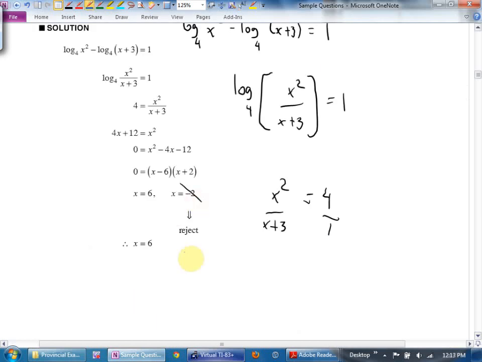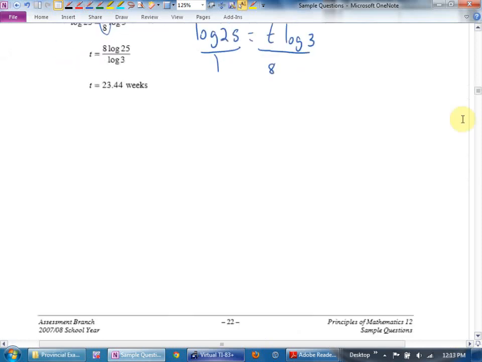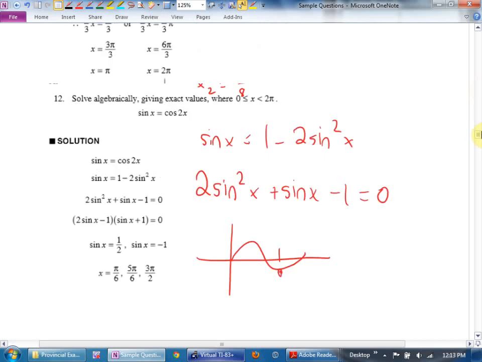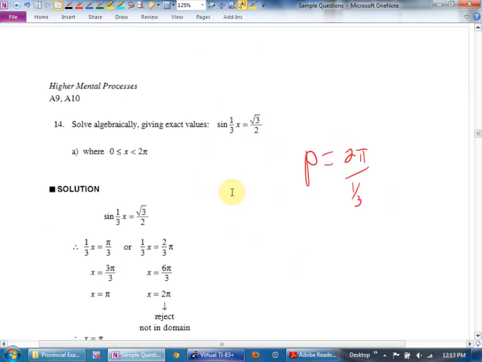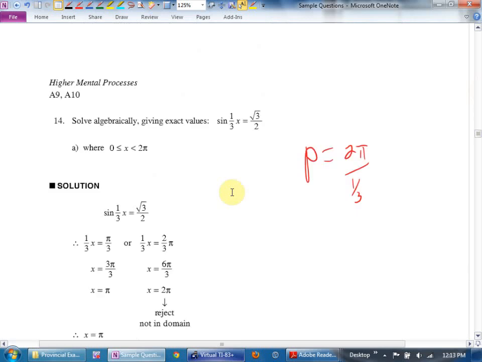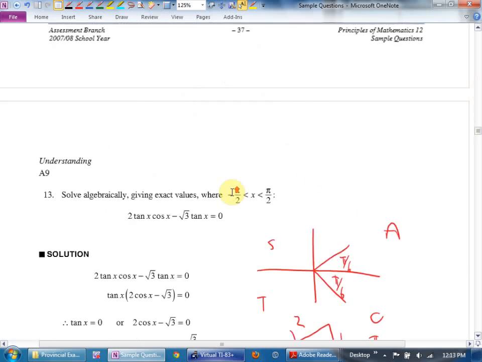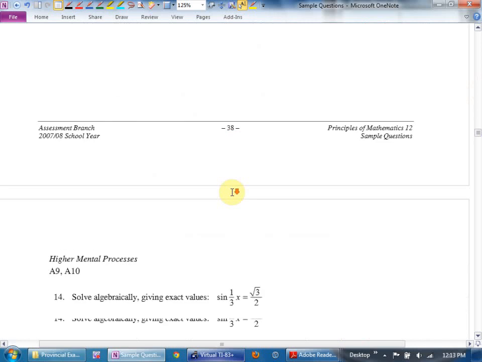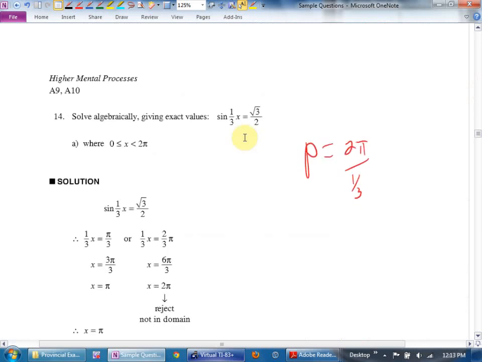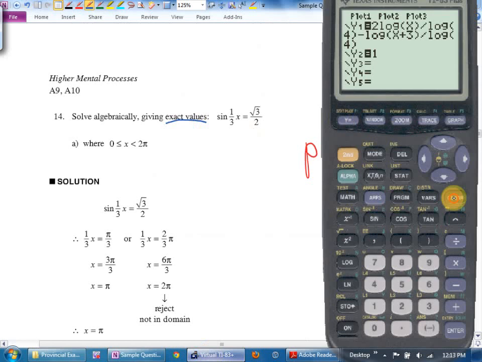Oh, it says exact values, but I can certainly go clear, sine of 1/3 times x, enter, root 3 over 2, enter. Here I'd go zoom trig. Oh, they want from 0 to 2 pi. There was no domain here, so I'll change this just a little bit. Window from 0 to 2 pi. Oh, it already is. Graph.